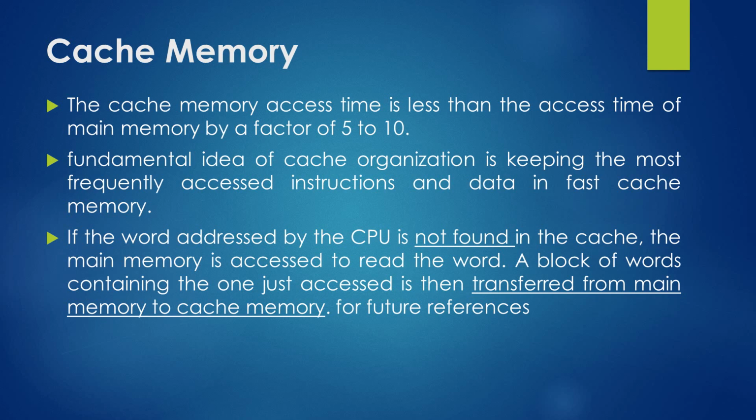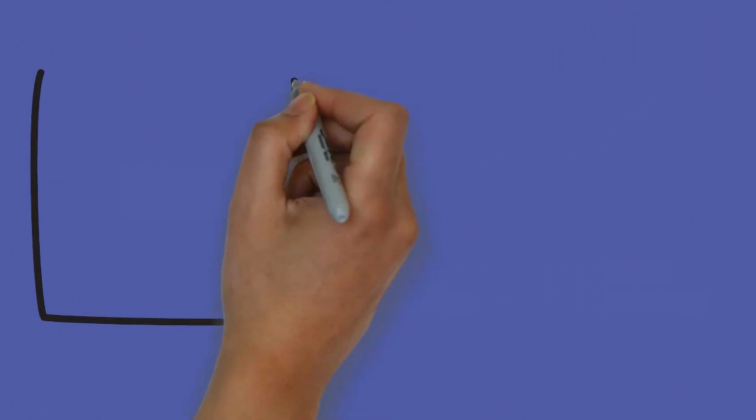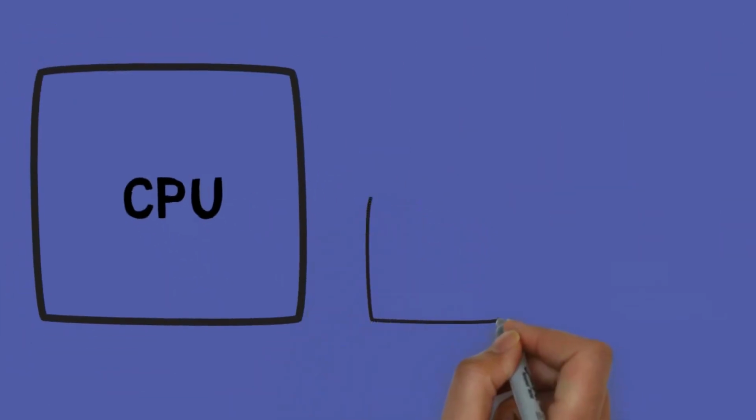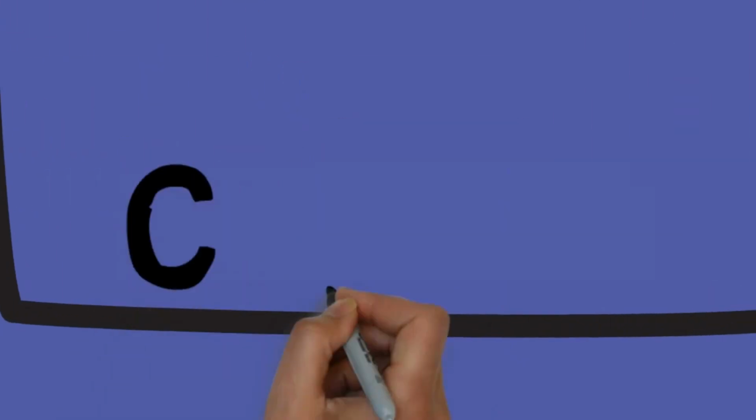Now let us have a look at an animation of what I just explained. Here we have a block of CPU and we also have two different blocks, cache and main memory.